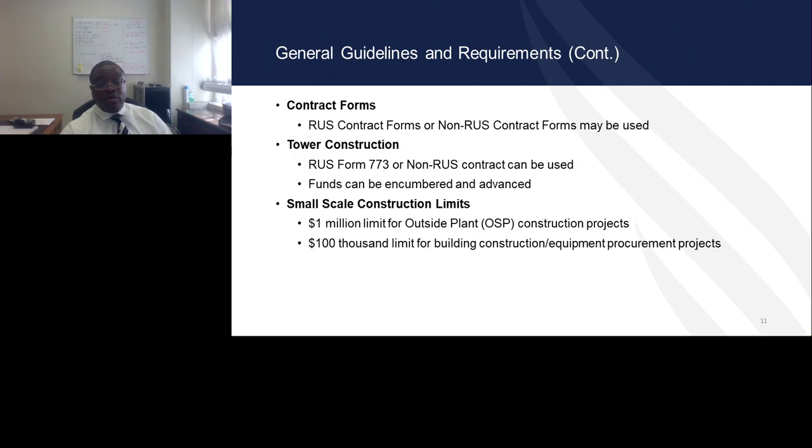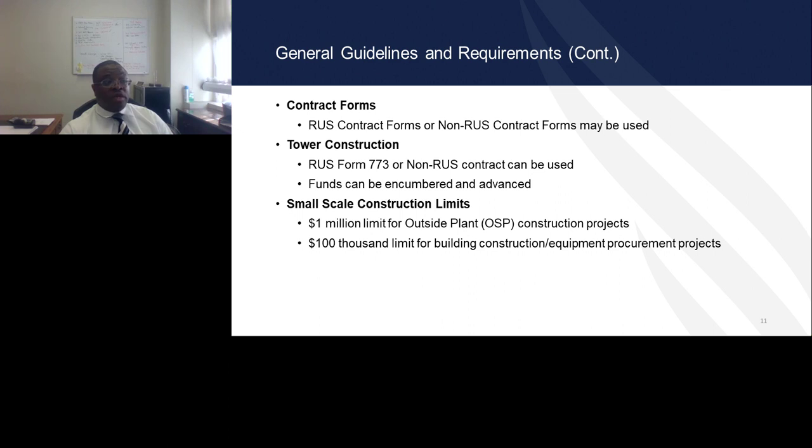Contract forms. For the ReConnect program, awardees may use our standard RUS contract forms that are available on our website, or they could also elect to use non-RUS contract forms. For tower construction, the RUS Form 7783 contract or a non-RUS contract can be used.